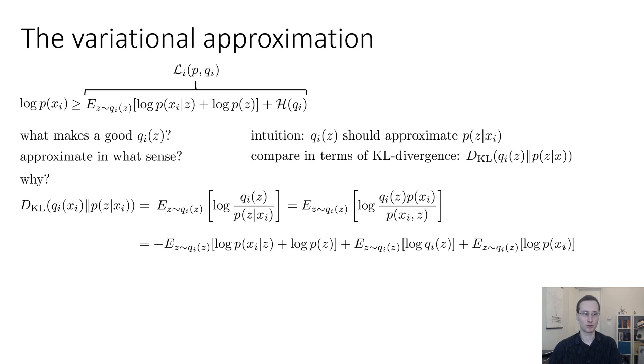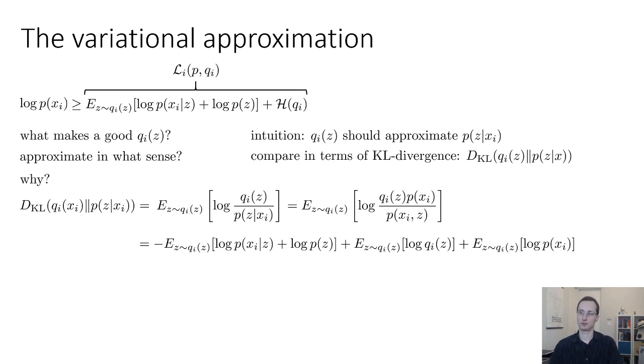And again, using the property that the logarithm of a product is the sum of logarithms, we can write this out in a somewhat complicated way as three expectation terms. The negative expectation under qi of z of log p of xi given z plus log p of z.